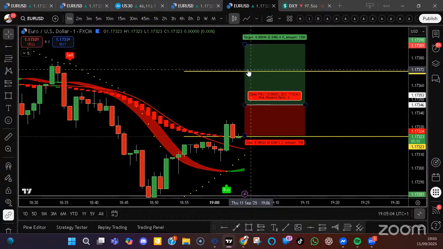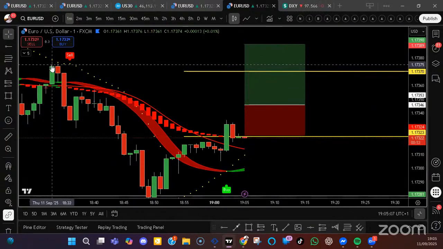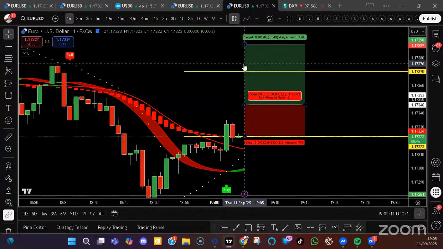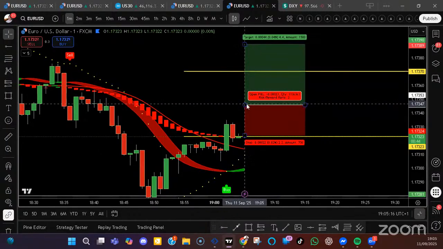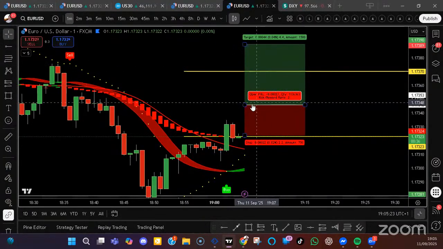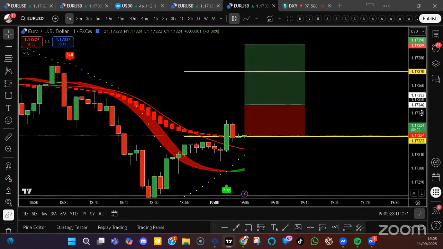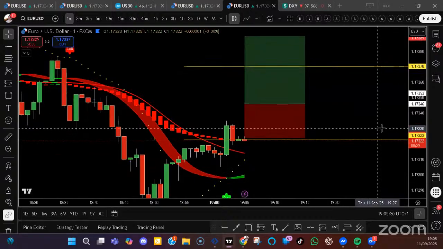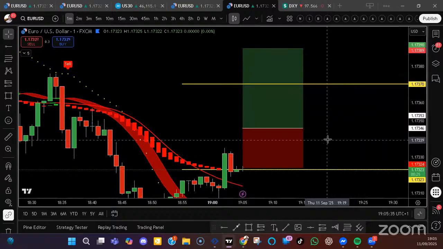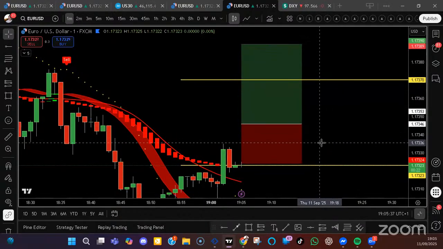But once we get there, especially this area here, equal highs, if it ever does get the high, I'll be looking to probably take out the trade, to be fair, or at least put my stop loss to break even, depending on that volume at that time. Don't really think there's going to be a lot of volume at that time, but you never know.